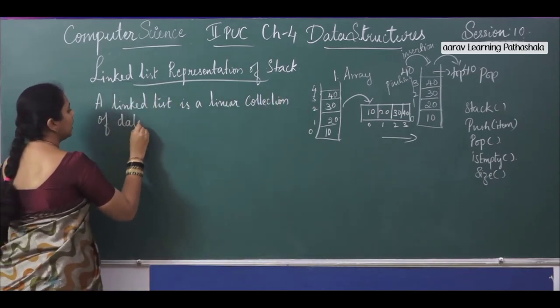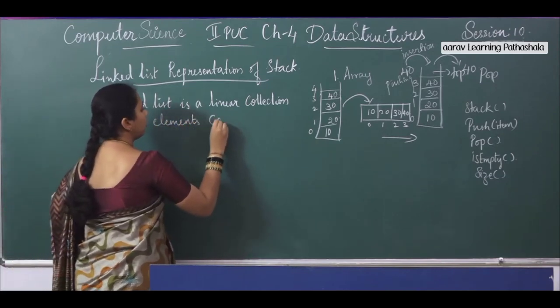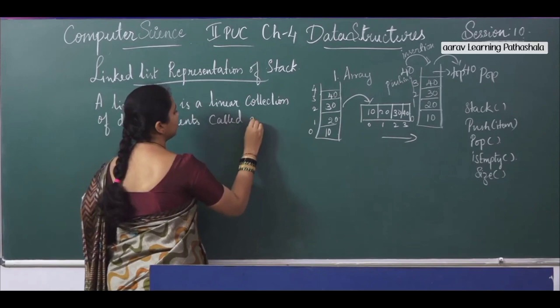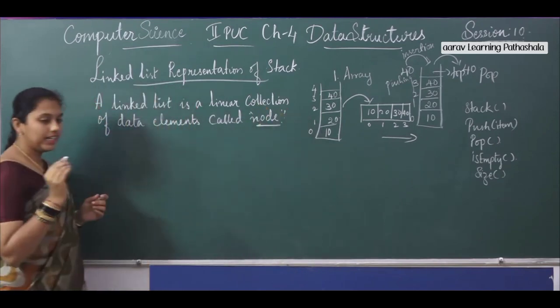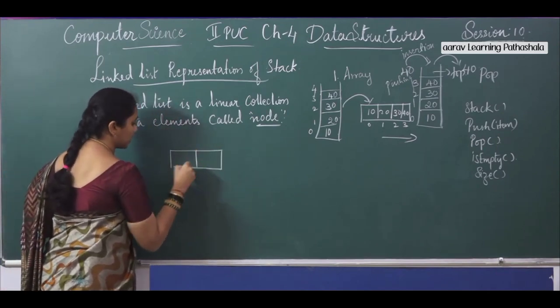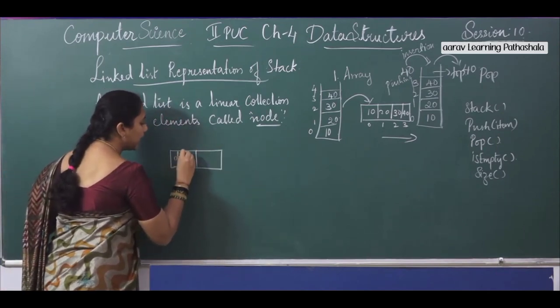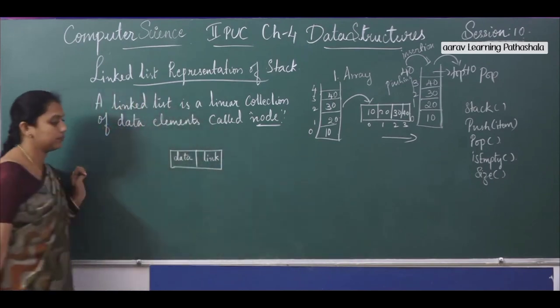So each node consists of two parts, that is data part as well as the link part.